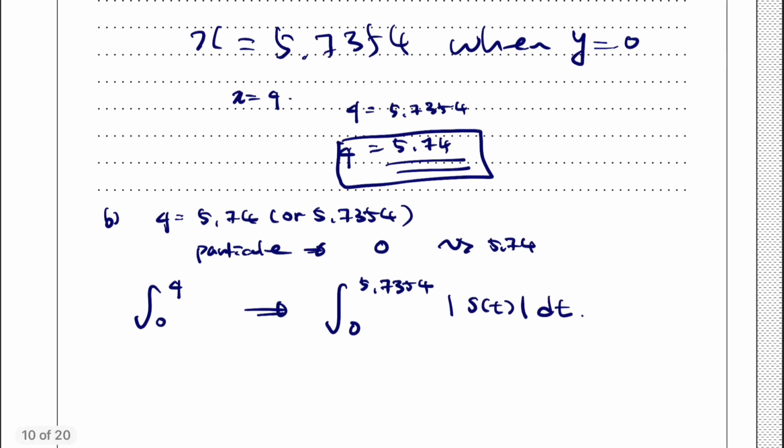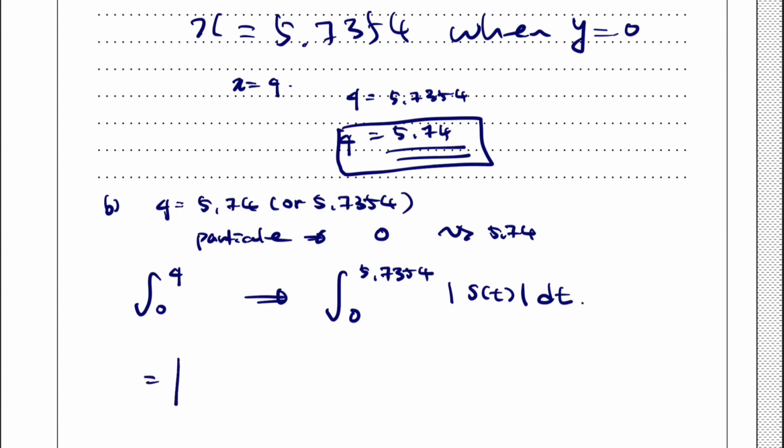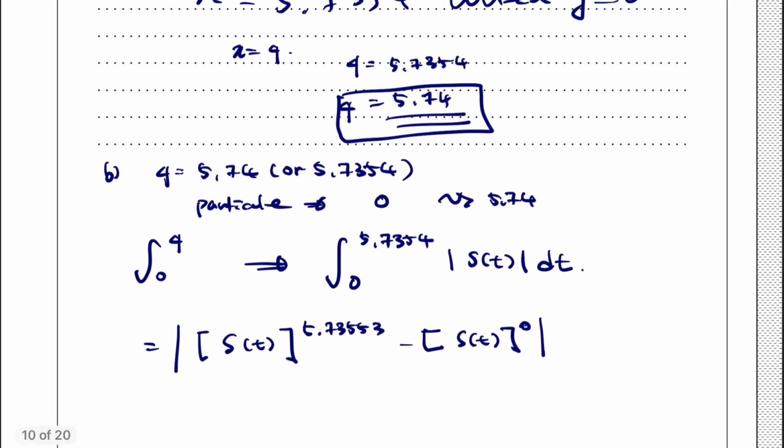Then we can set it up either with the absolute value, or as s of 5.7354 minus s of 0, and solve for each value and then use the absolute value to find the total.